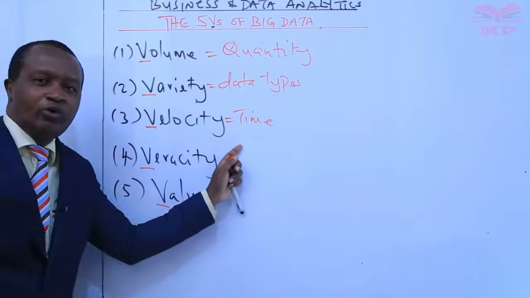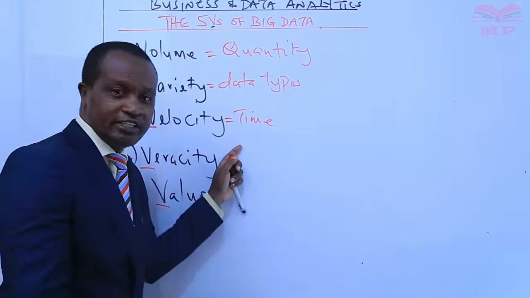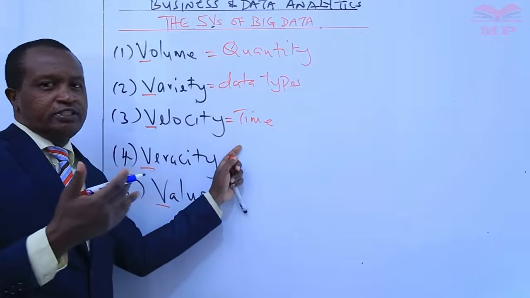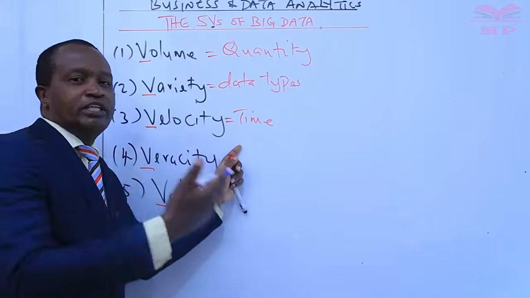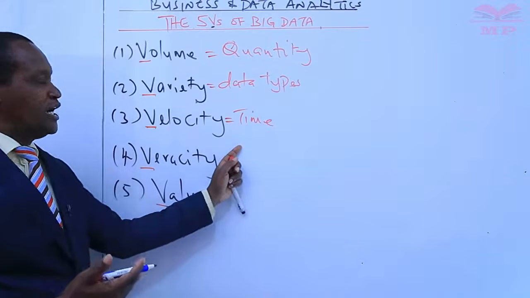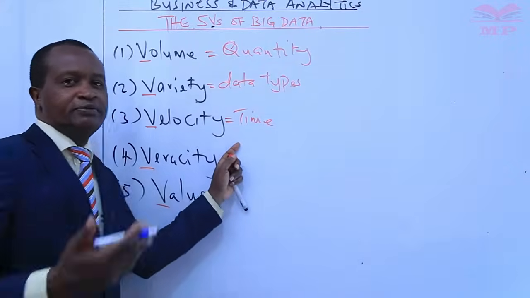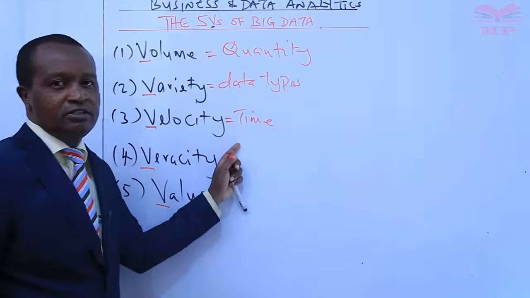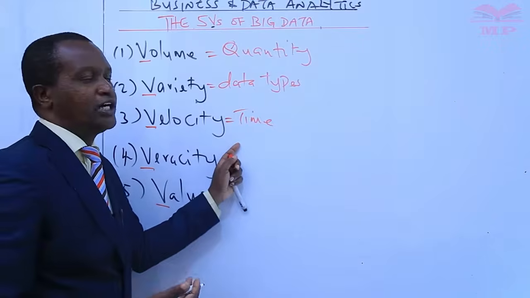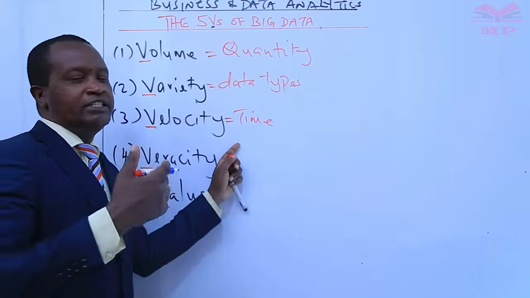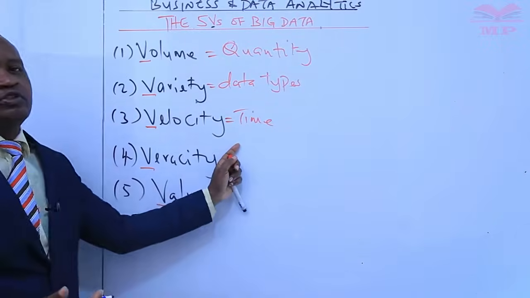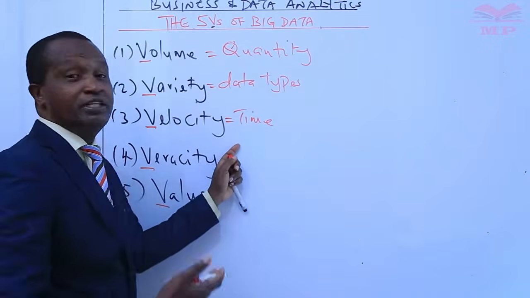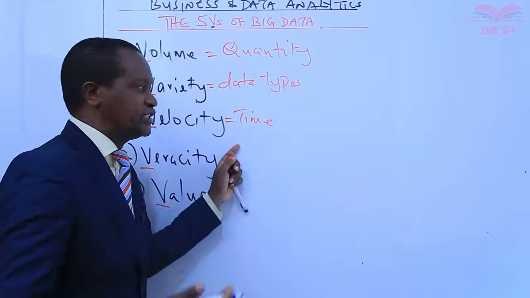It refers to how quickly data is generated and how quickly data moves from point A to point B. Velocity is an important aspect for companies that need data to move quickly, so that such data is available at the right time to make the best business decisions possible.